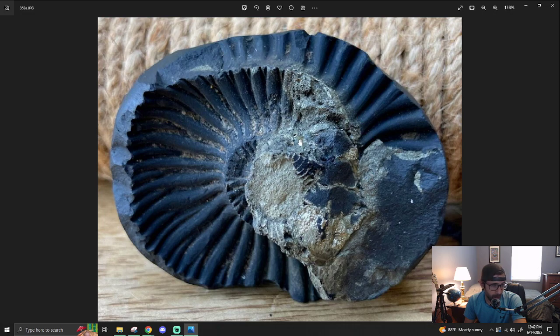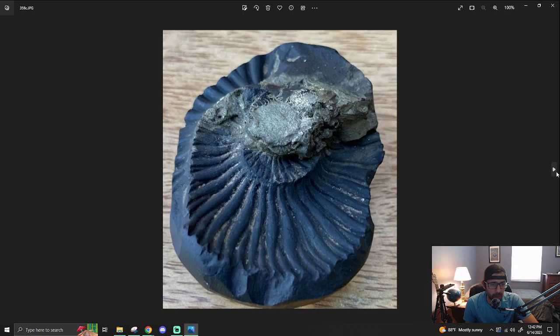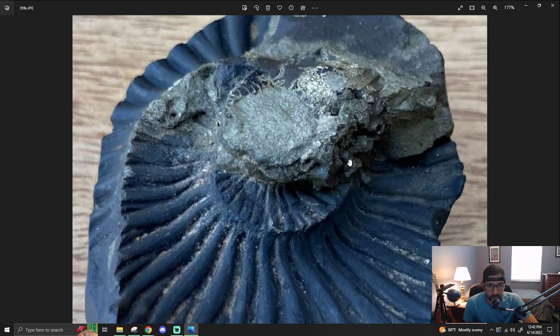Structure fanning out this way. It's almost like the gold, this material is getting drawn in while the shale is getting drawn out. Another angle, we can kind of see the side of a structure there.